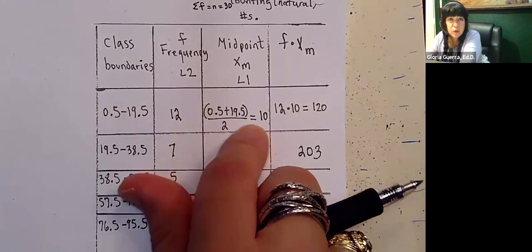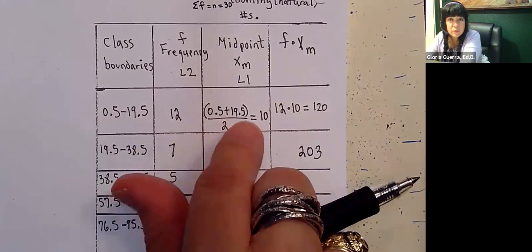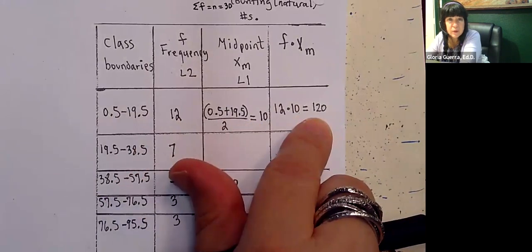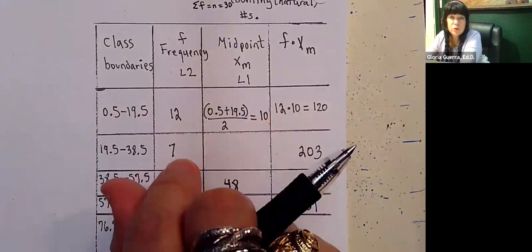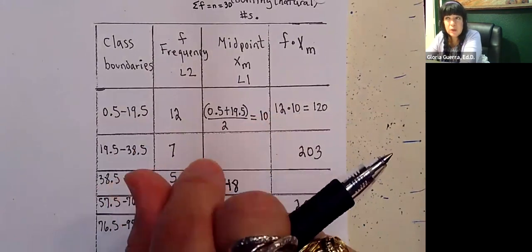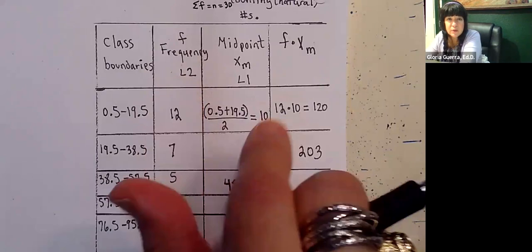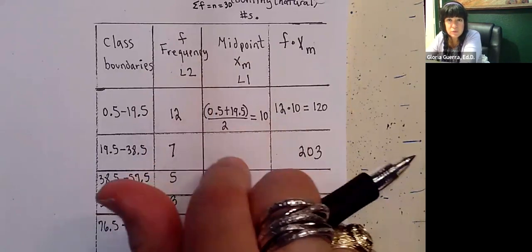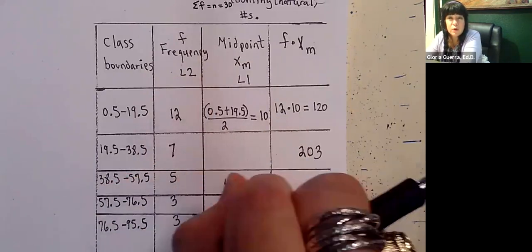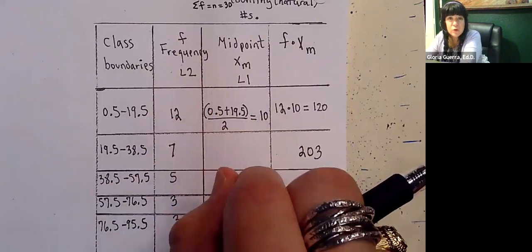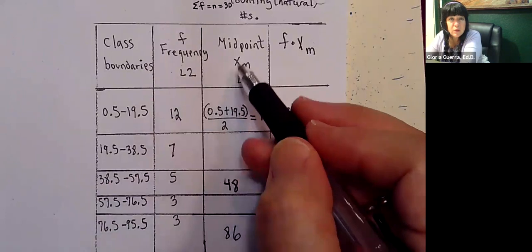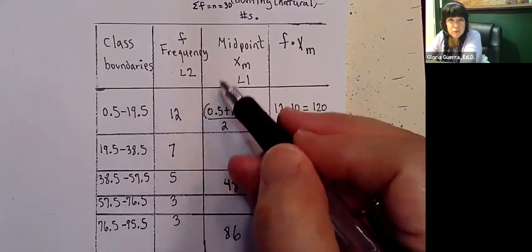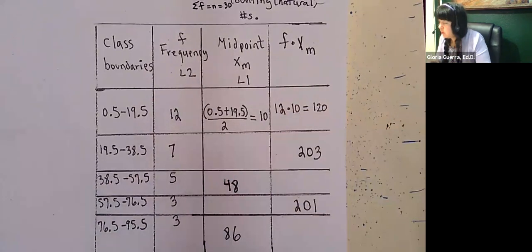And then they did 12 times 10, which is 120. When you do your test review, which is required before you take the test, you're going to have a problem like this on it. You can use your test review to jog your memory while you're taking the test. See how your teacher put L2 and L1 to jog your memory on your test review. That way you do it correctly on your actual test.